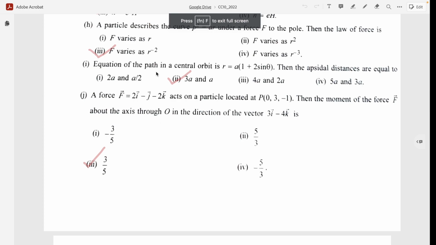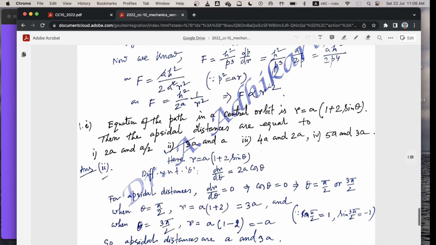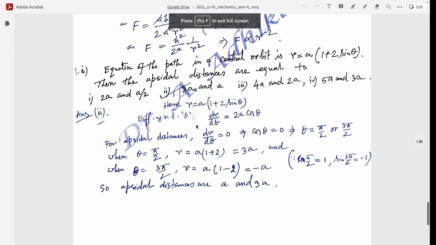Next, the equation of the path in a central orbit is r equals a bracket 1 plus 2 sin theta. Then the apsidal distances are equal to, the correct option is 2: 3a and a. Here, the polar form of the central orbit path is r equals a bracket 1 plus 2 sin theta bracket close.